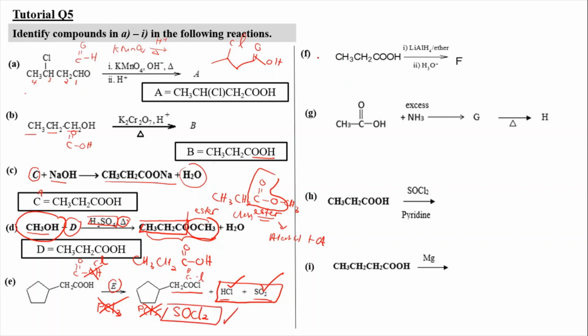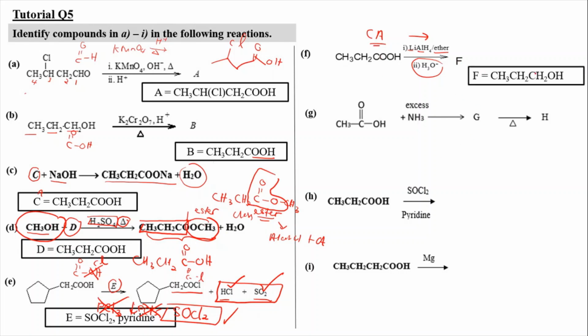Now moving on to the next equation, which is F. CH3CH2COOH will undergo reduction with lithium aluminum hydride in the presence of ether, followed by hydrolysis. So the carboxylic acid is going to be reduced into an alcohol.